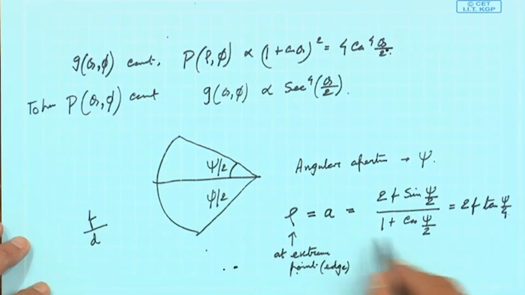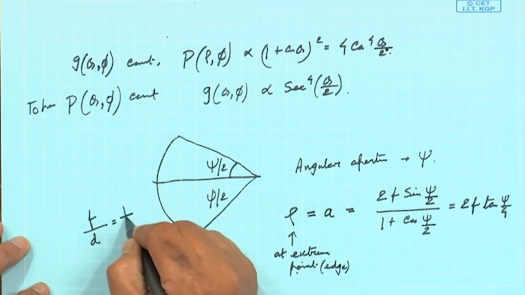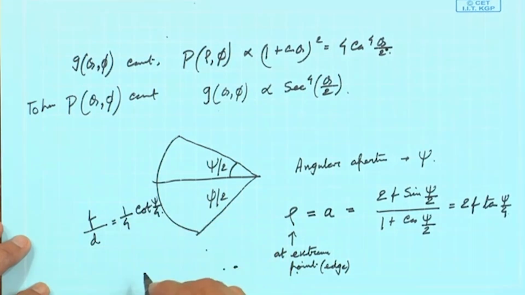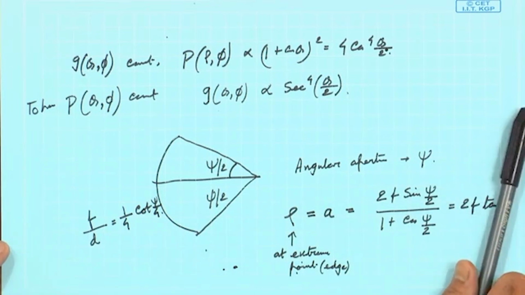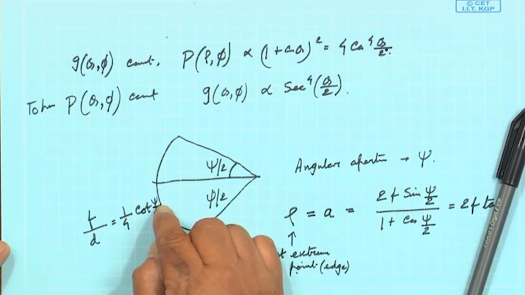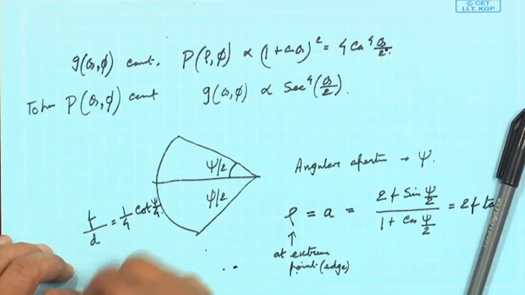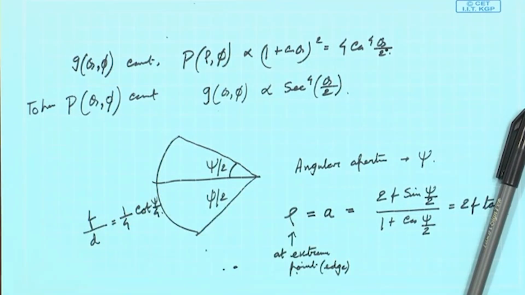So, f by 2a is what? 1 by 4 cot(psi/4). So, sometimes if the angular aperture is specified, the f by d ratio is specified, or if the f by d ratio is specified, I can find the angular aperture of the paraboloid.